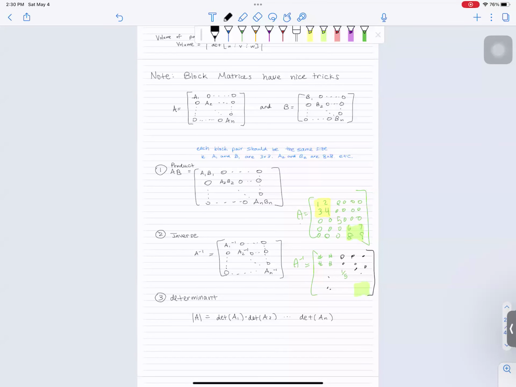Part B says I want to rewrite this answer in the form of CML squared, where M is the mass and L is still the length. All right, what is the mass, first of all? The mass is the integral of the mass element.